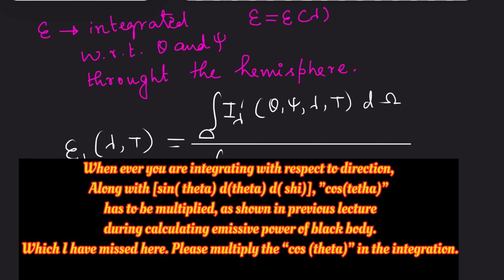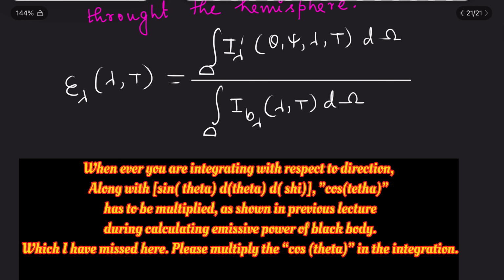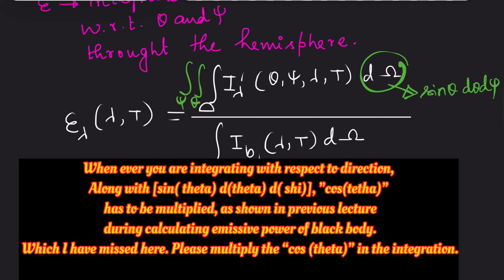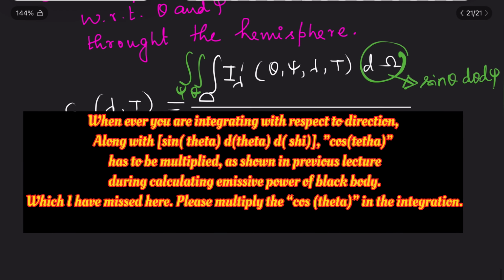Okay, again the same mistake. Now this is fine. Instead of this lambda sine theta d psi, you have to put the limits of psi and theta here. You know the limits: psi is from 0 to 2 pi and theta is from 0 to pi by 2.